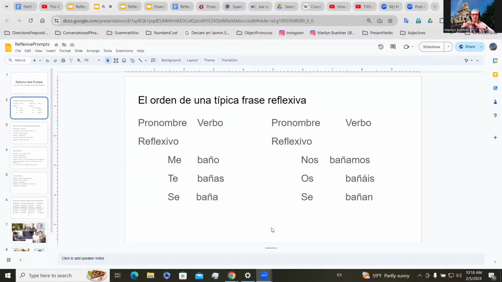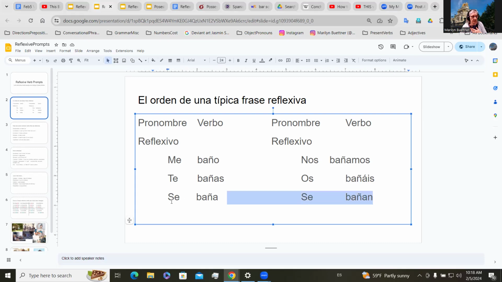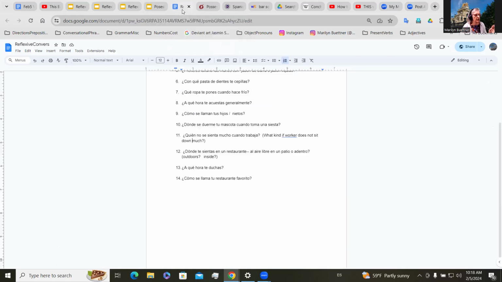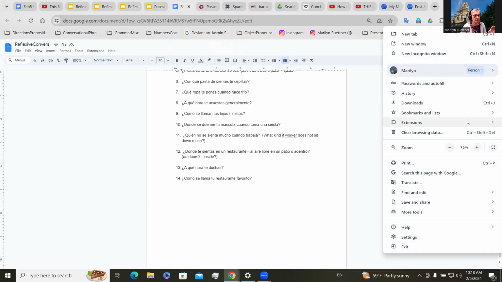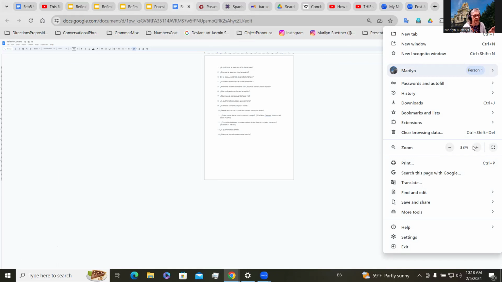So a yo conjugation must use me for the pronoun. A tú conjugation verb must use te. And él, ella, usted, ellos, ustedes, that whole tier of third person, whether it's singular or plural, has to use the pronoun se. And then our nosotros verb will have to use nos. Okay, so without that, you're kind of hosed. You can't go without the pronoun.